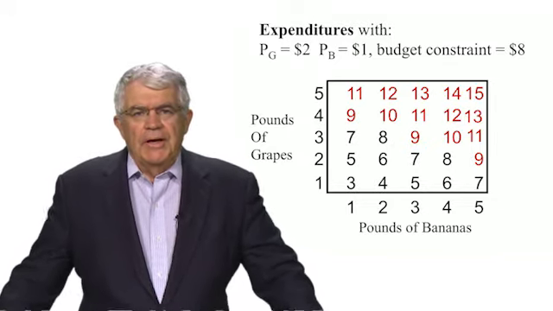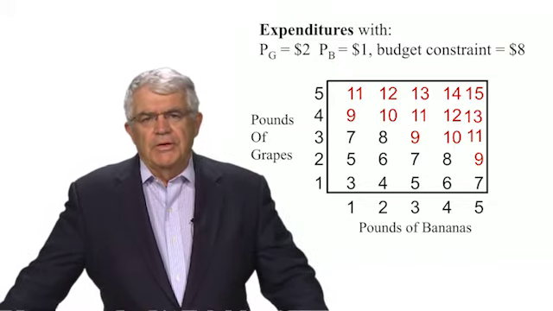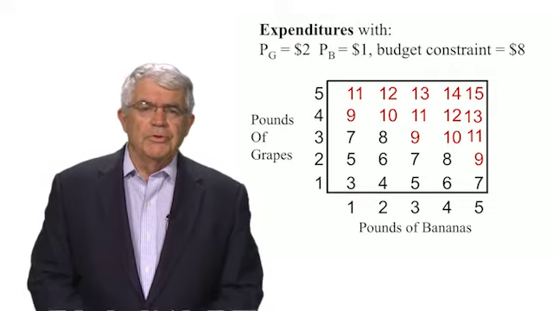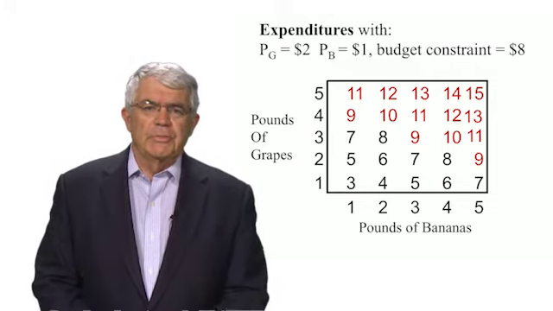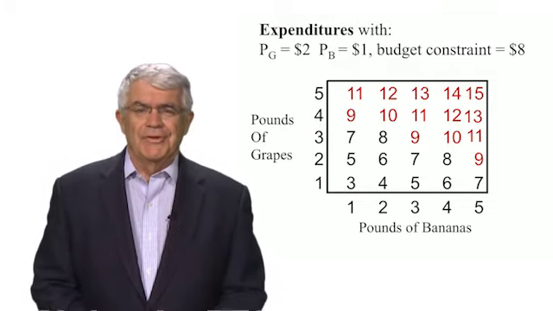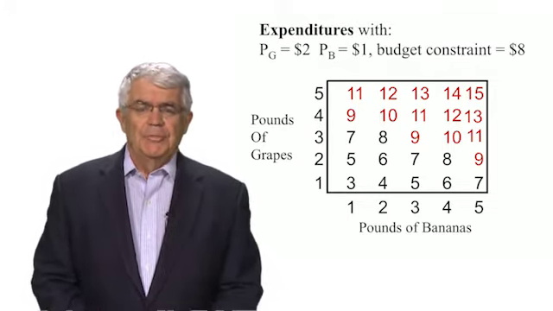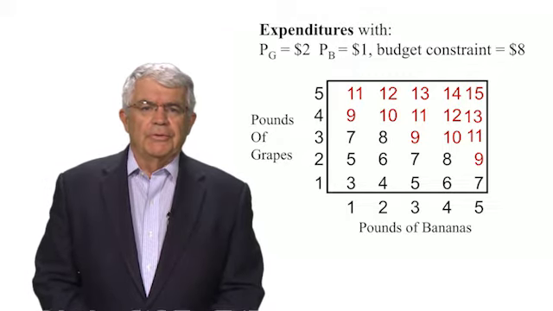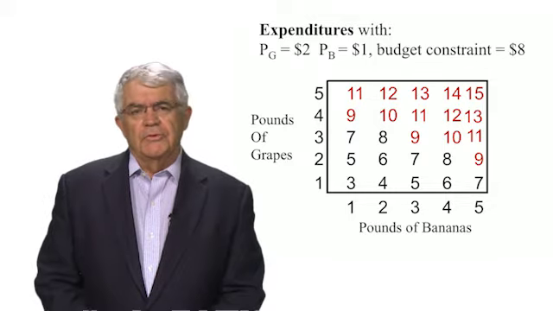You can imagine having a higher price of grapes. So take this table now, which assumes the price of grapes is $2 rather than $1 as in the previous table. The price of bananas is the same, exactly $1. The budget constraint is still $8. And now in this table, I've made the red items the things that the consumer can no longer buy. So for example, with the price of grapes at $2, if you buy 4 pounds of grapes, that's $8 right there.